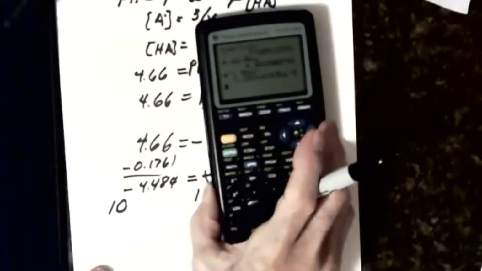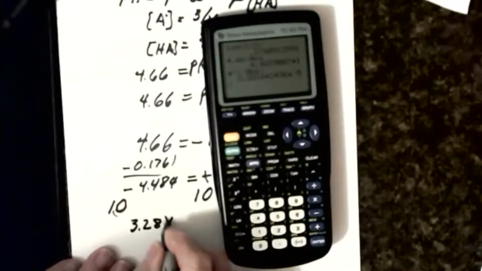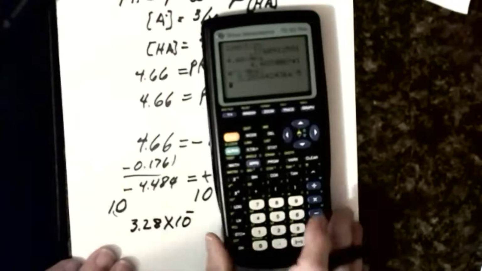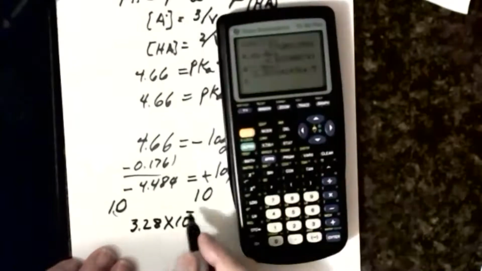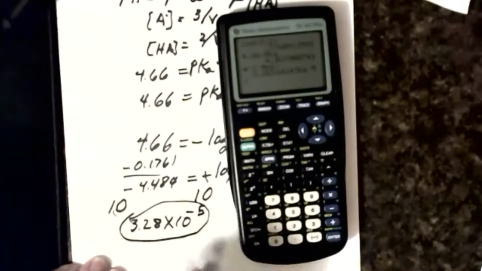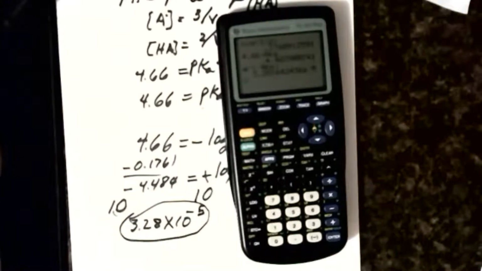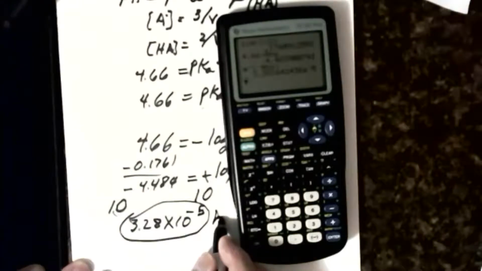So the Ka is 3.28 times 10 to the negative fifth. Okay, so that should be the answer then to number 12. And 3.28 times 10 to the negative fifth is D.